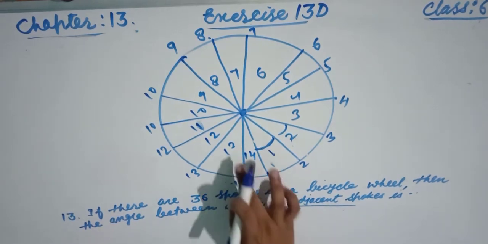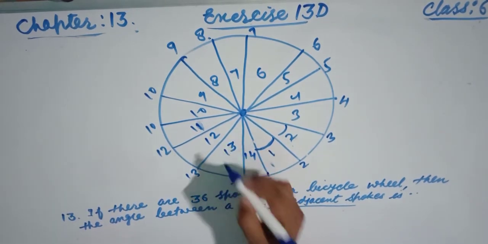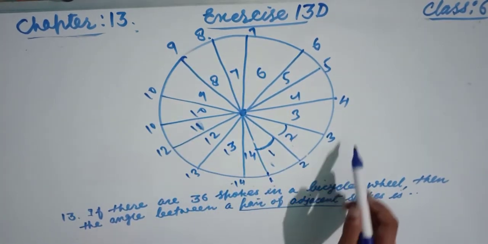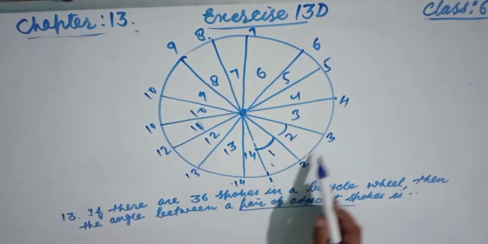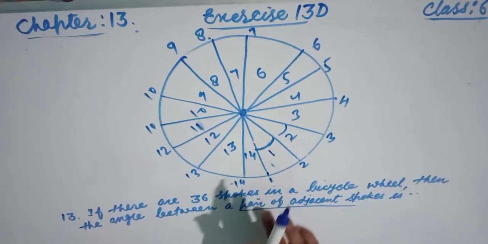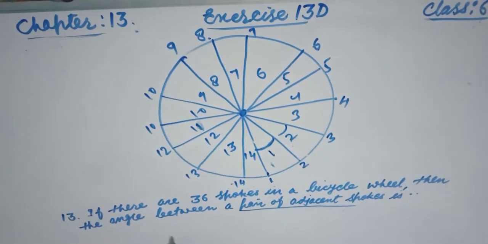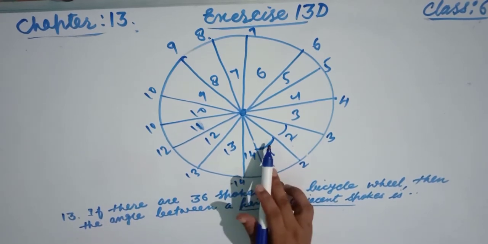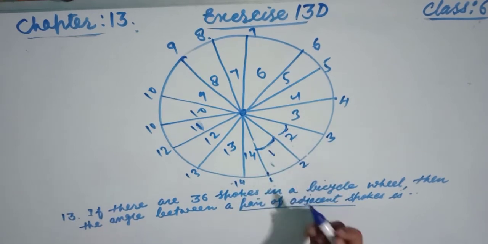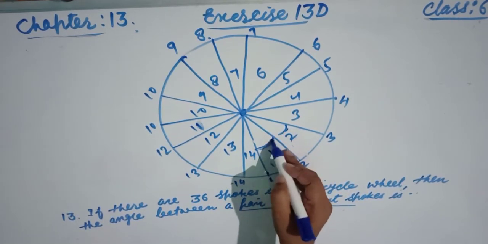One thing is very important: there are 14 spokes, so the total number of angles between pairs of spokes is 14. So if there are 36 spokes, then there are 36 angles formed in the wheel.